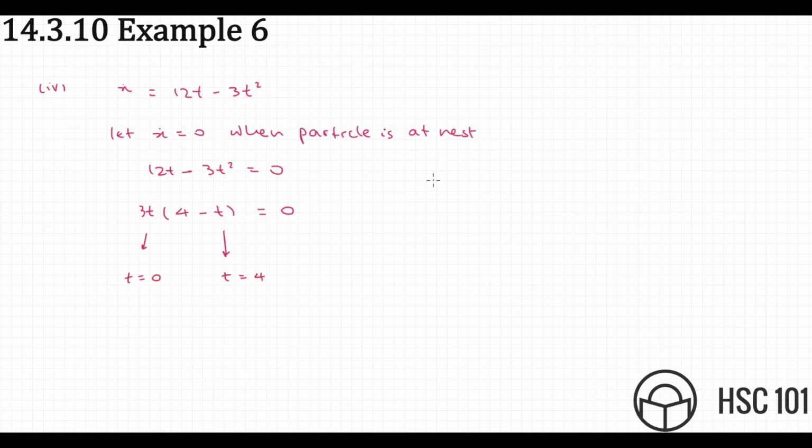The question is specifically asking for when the particle reverses direction. Now, I will not count t equals 0 as when the particle is reversing direction. I'll say that the particle is at rest at this point in time, sure, but the particle does not reverse direction at t equals 0 because this is the beginning of motion. If you want to say that the particle reverses direction, you need to be able to inspect the motion before this time period and after this time period to actually show that the direction has changed.